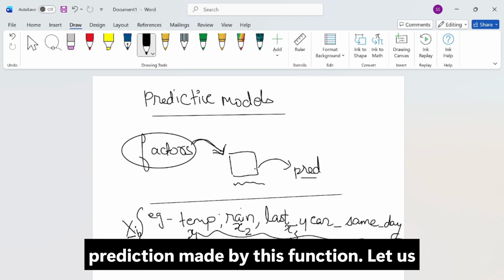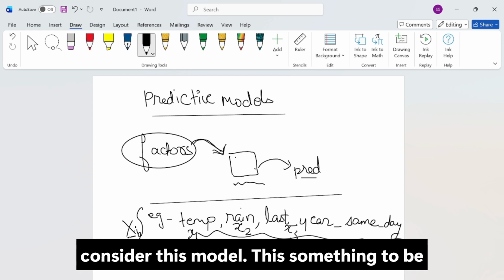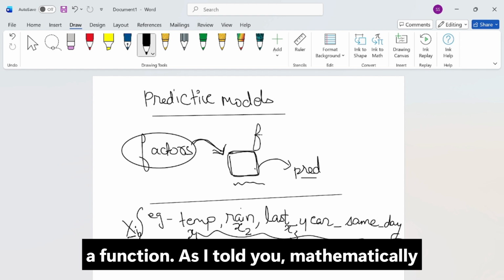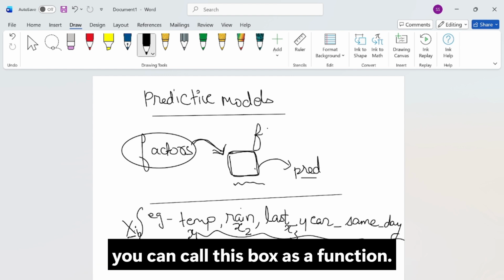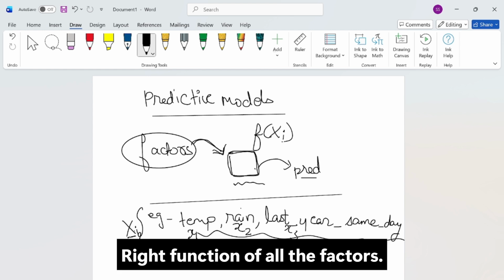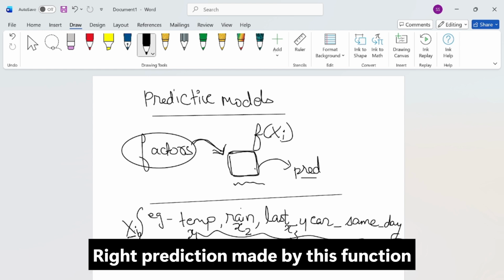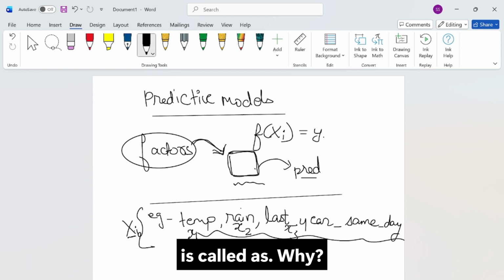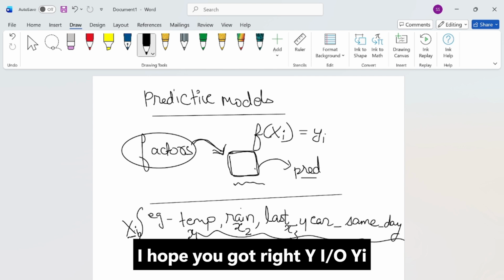Now, let us consider this model to be a function. As I told you, mathematically you can call this box a function of all the factors. The prediction made by this function is called yi or y hat.